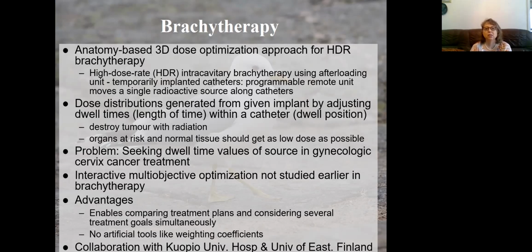Controlling this is important because we want to treat a lot of the cancer cells but do as little damage as possible to the healthy tissues and sensitive organs. So clearly, multiple conflicting objectives that interactive multi-objective optimization introduced a new perspective to.